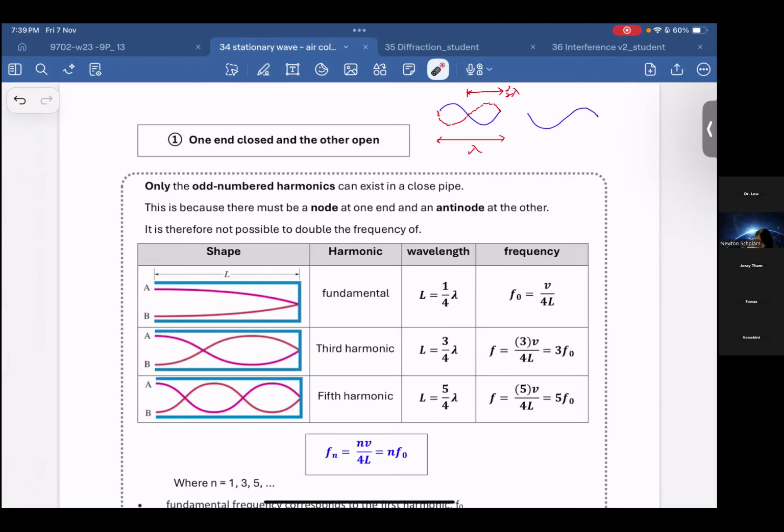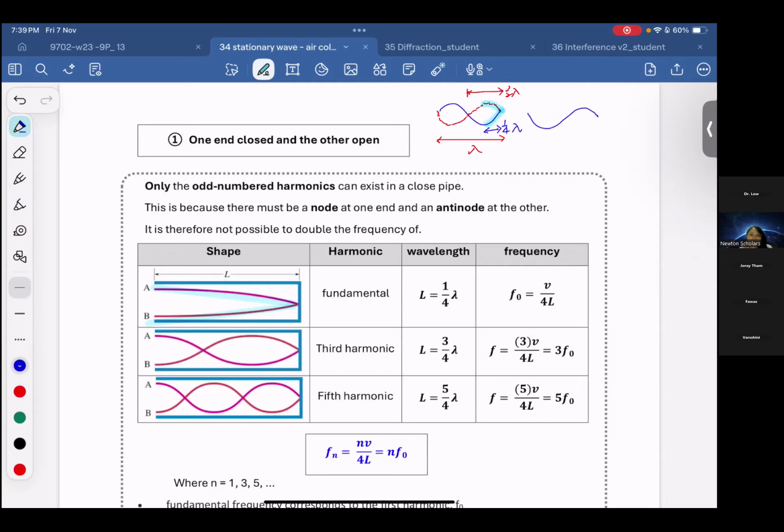So looking at this part, how many wavelengths is it? Actually it is 1/4 wavelength.